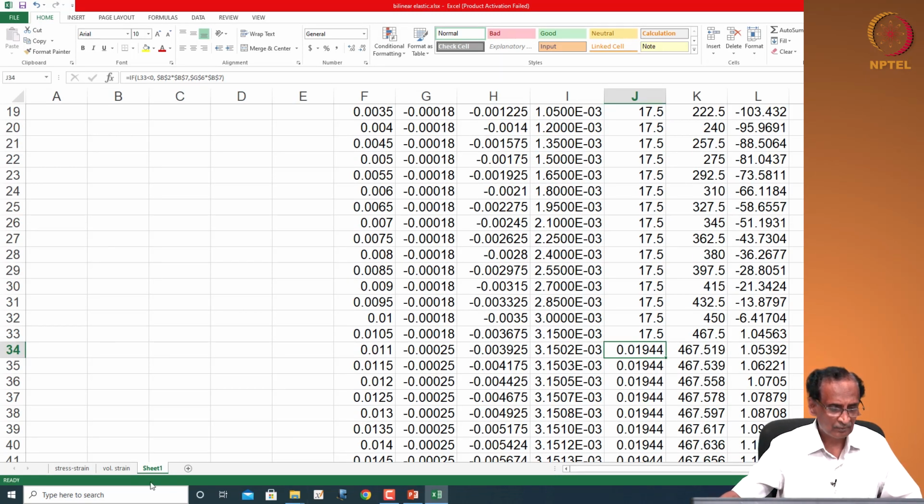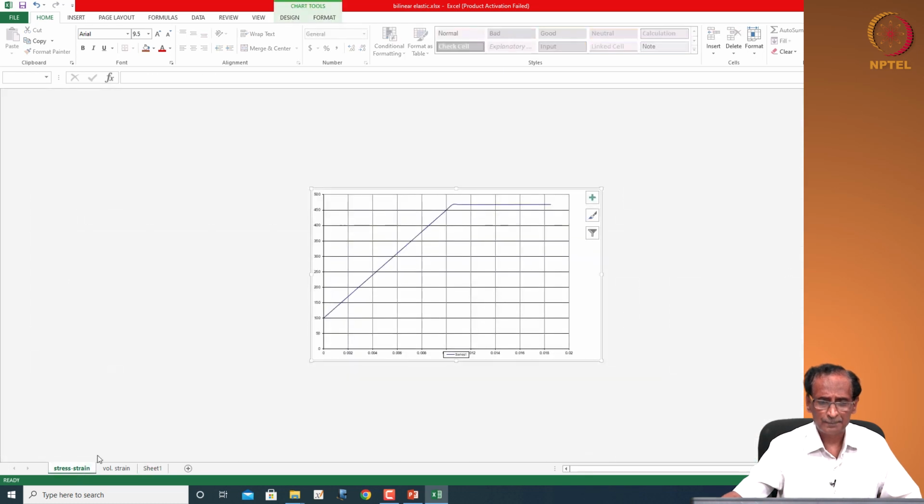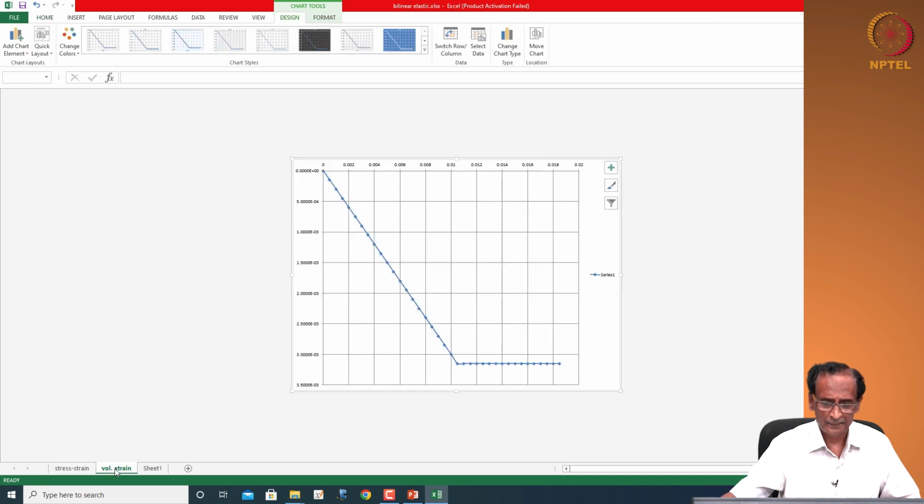So, our stress strain graph is like this, so our yield stress is very close to 465, 467, and then the volumetric strain is also very good, like after initial volumetric compression, the volume will remain more or less constant during the critical state in the plastic state.